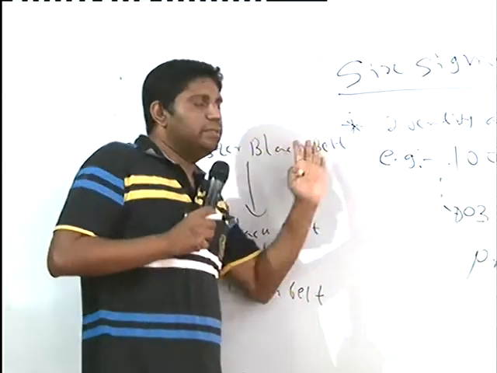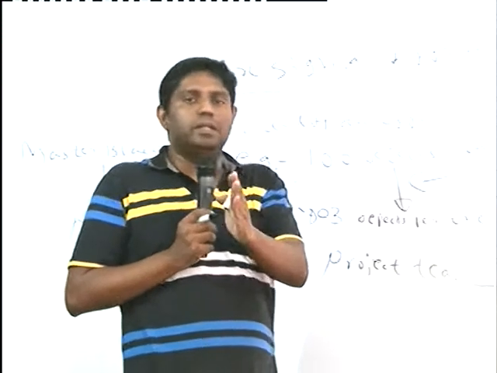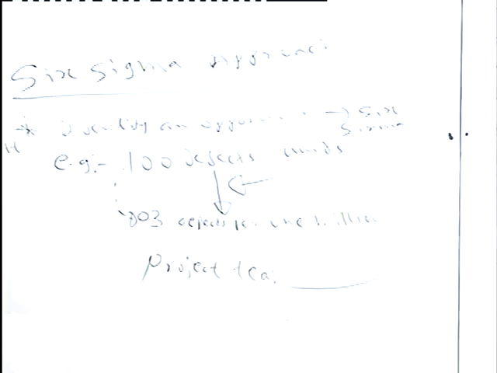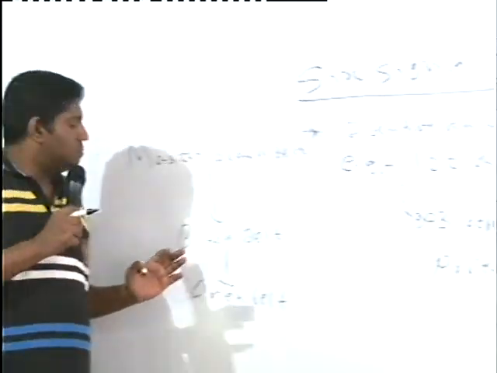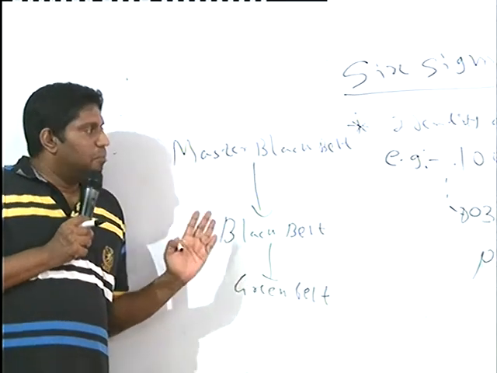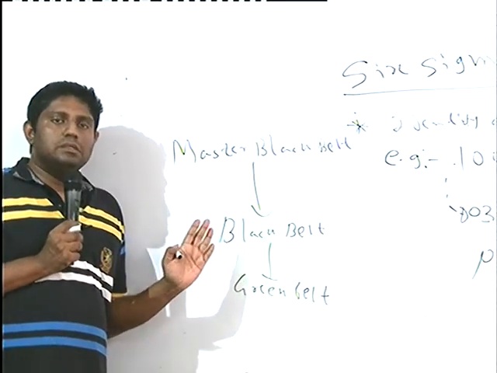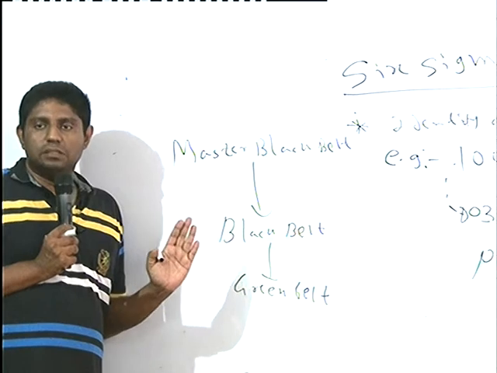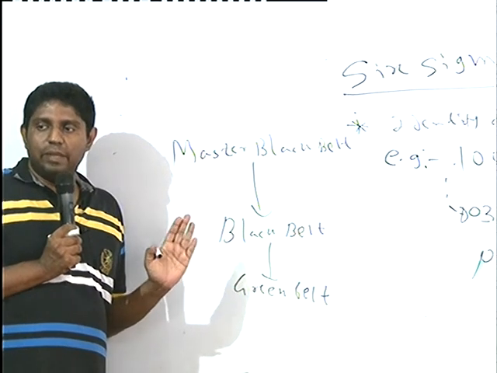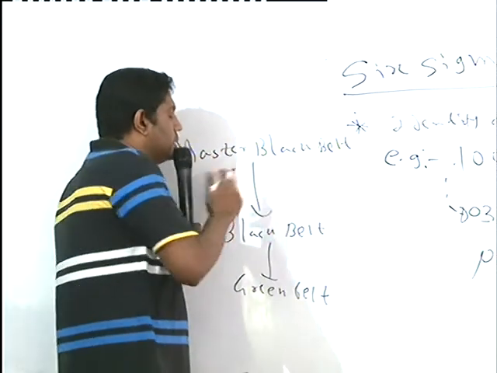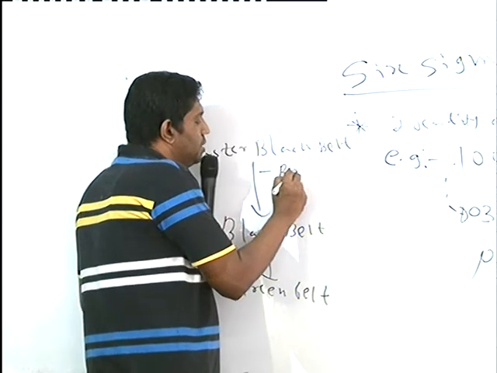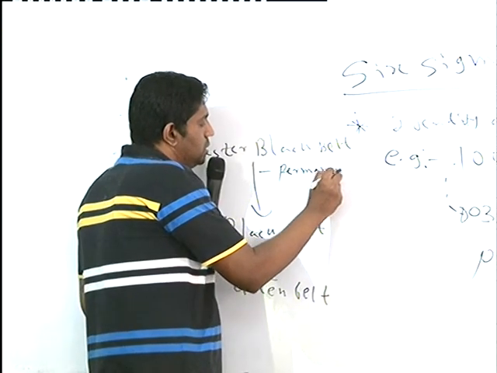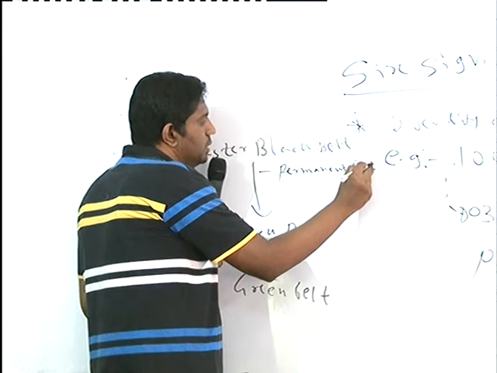If you look at these 3 types of people, the master black belt is a permanent position in the organization.